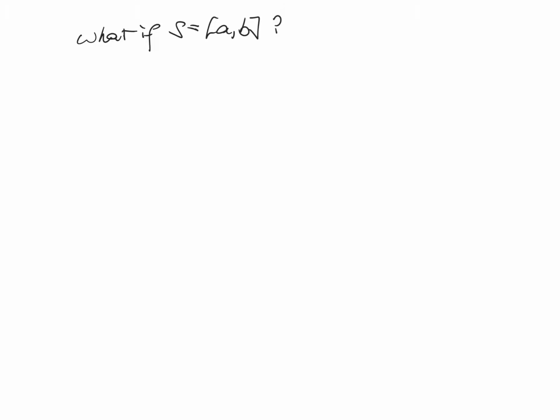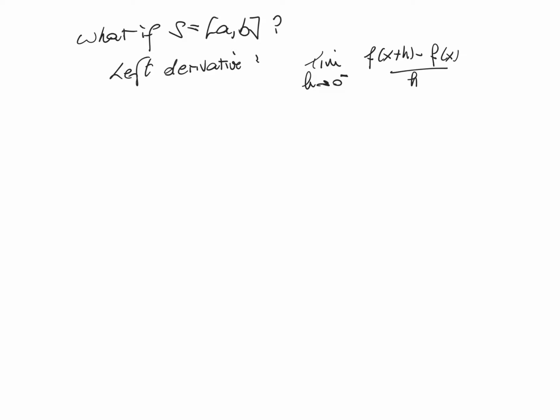So we define on the one hand the left derivative. The left derivative will be used in the right endpoint, so it's the limit for h going to 0 but with values smaller than 0. So we approach from the left, f of x plus h minus f of x over h.